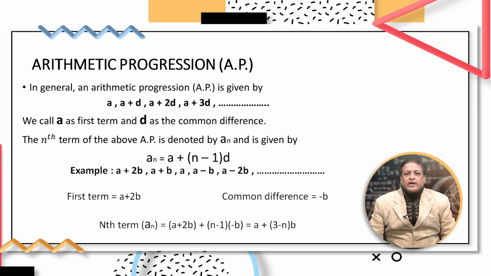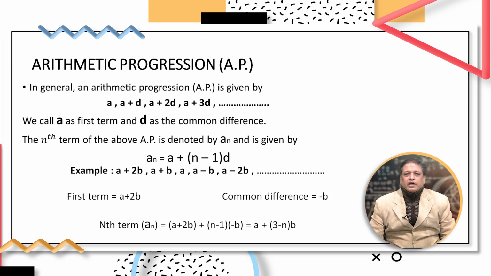In order to find the nth term of an arithmetic progression, the general formula is an is equal to a plus n minus 1 into d, where an is the nth term, a is the first term, d is the common difference, and n is the number of terms.